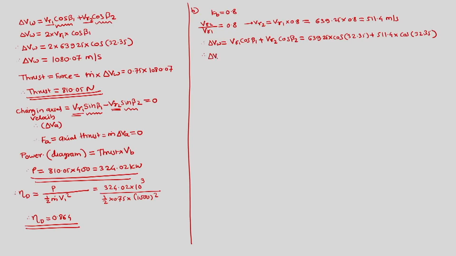So we have delta VW equal to 972.06 meters per second.